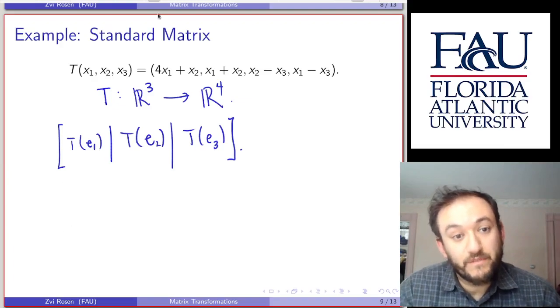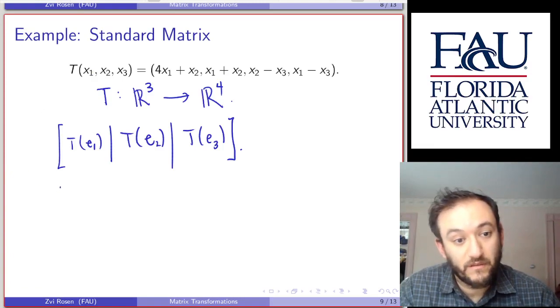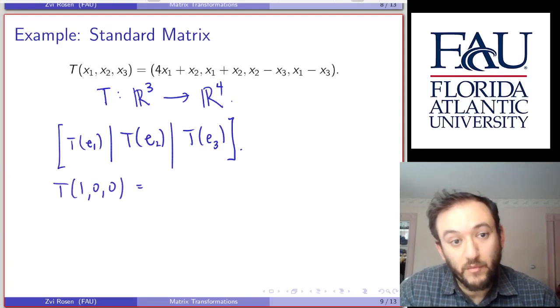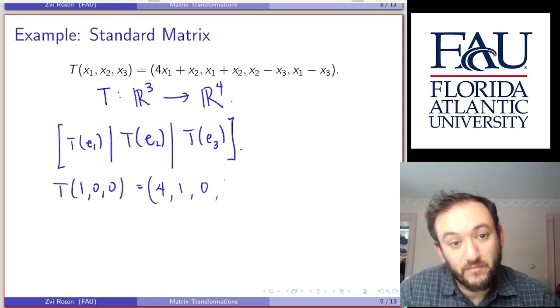Well, what's the value T of e1? That's what we would get if we evaluate T at 1, 0, 0. So T of 1, 0, 0, plugging that into the first coordinate, we would get 4. In the second, we would get x1 plus x2 is 1. x2 minus x3 would give us 0, and x1 minus x3 would give us 1.